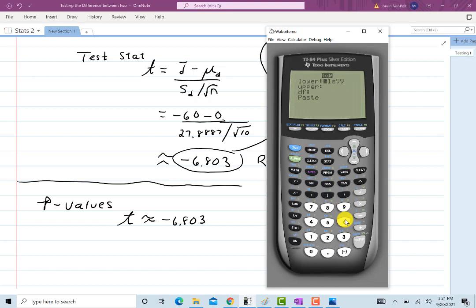Now, we want to go from negative infinity, which is already there, to negative 6.803. I need the degrees of freedom. That was 9.